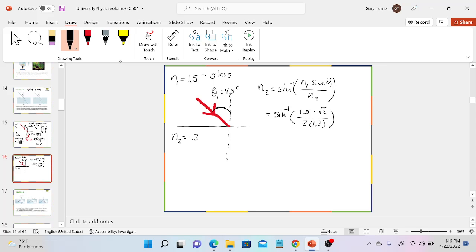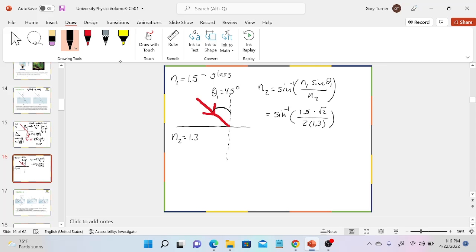And when I do this in my calculator, I'm going to take 1.5 times the square root of 2 and divide that by 2, divide that by 1.3, take the inverse sine, and get 54.675.